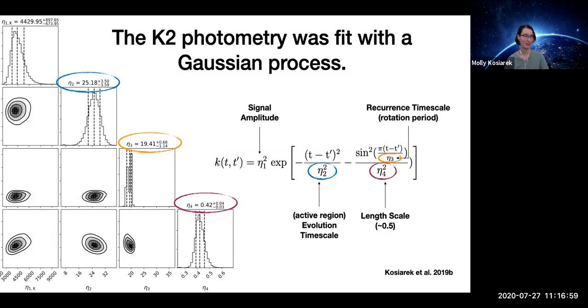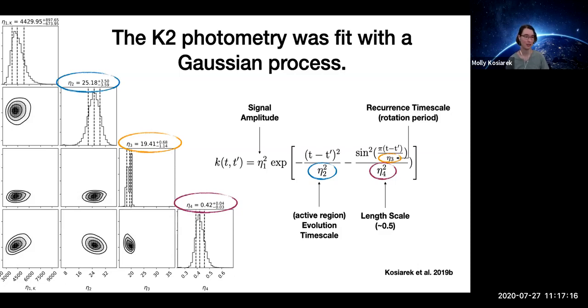Eta 2 is the evolution timescale, and it's constrained to be around 25 days. Eta 3 is the recurrence timescale, so this should be close to the rotation period, and it's at around 19 days, which is really close to the 18-day peaks that we saw.